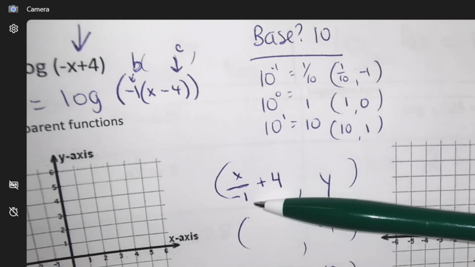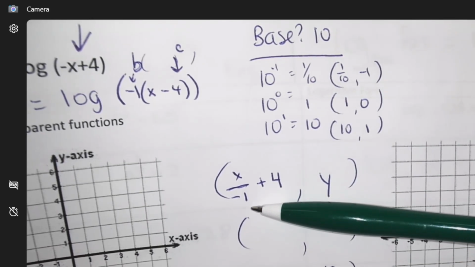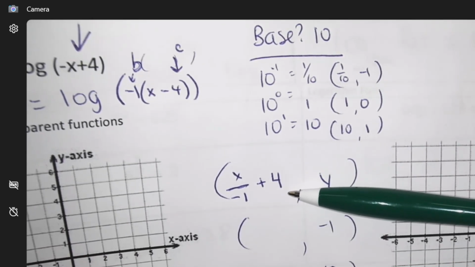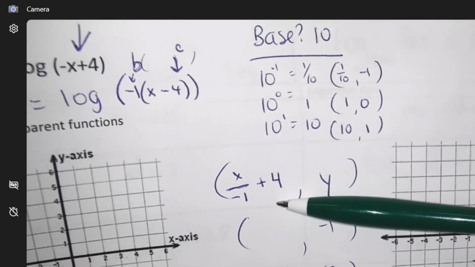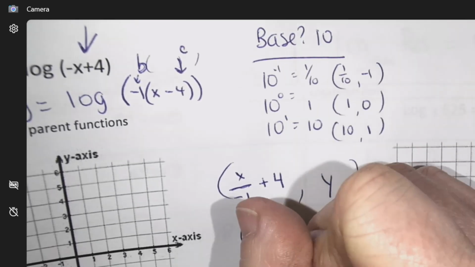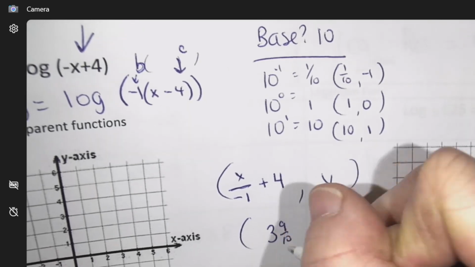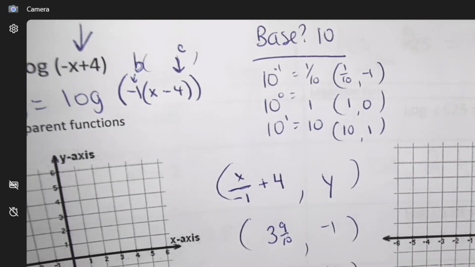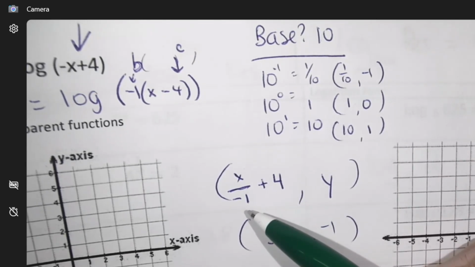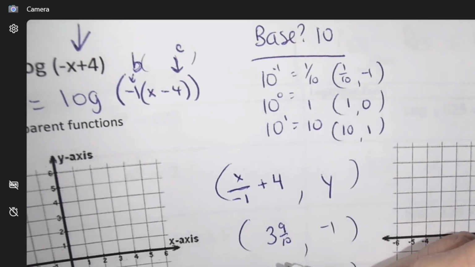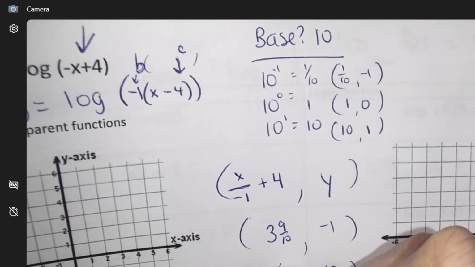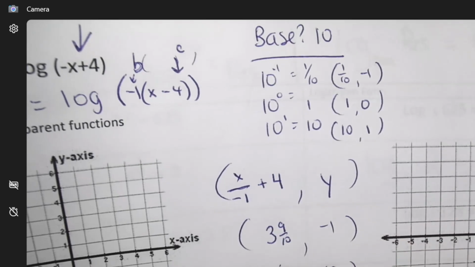1/10 divided by -1 is -1/10 plus 4. So what do you get when you have 4 and you go down 1/10? 3 and 9/10. 1 divided by -1 is -1 plus 4 is 3.